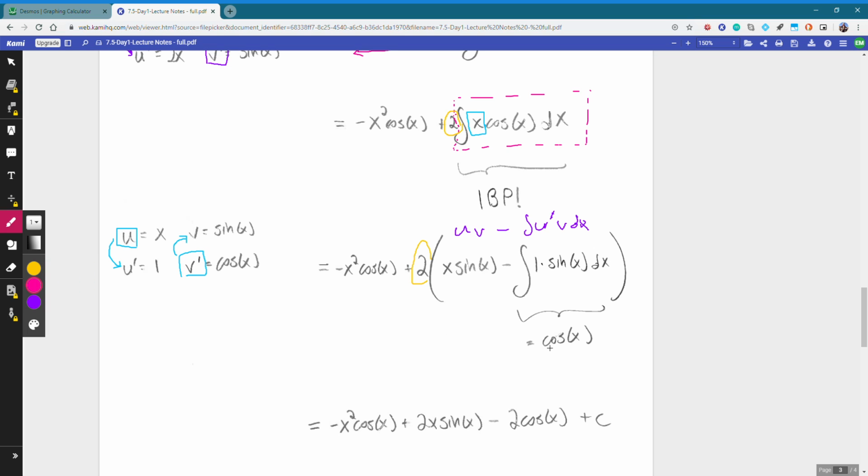And so I think I have a typo here. Let me think through this real quick. Yeah, it should be negative cosine for the integral of sine, because the derivative of negative cosine would be negative negative sine, or sine.